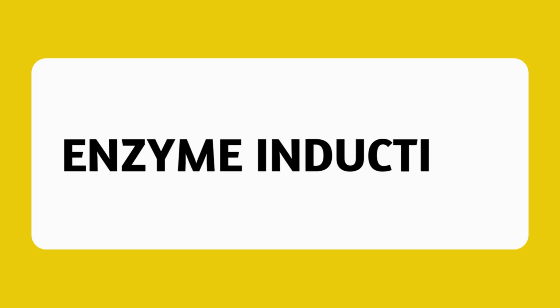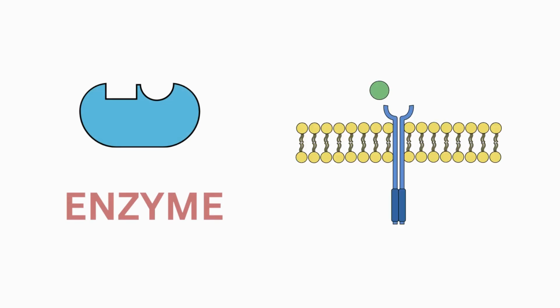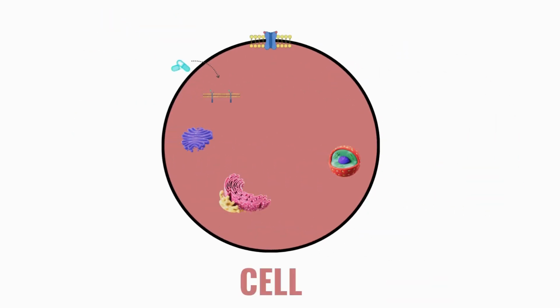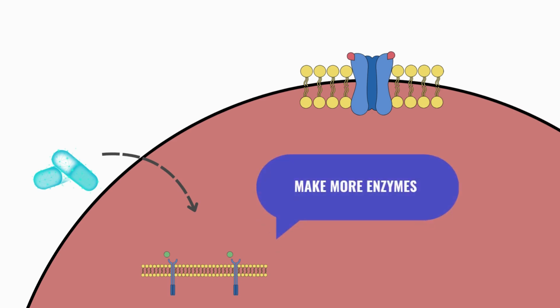Now, let's see what happens to this process during enzyme induction. Some drugs often do not bind directly to the enzyme, but instead they bind to receptors inside the cell, sometimes in the nucleus also. This receptor acts like a messenger and sends a message to the cell to make more enzymes.